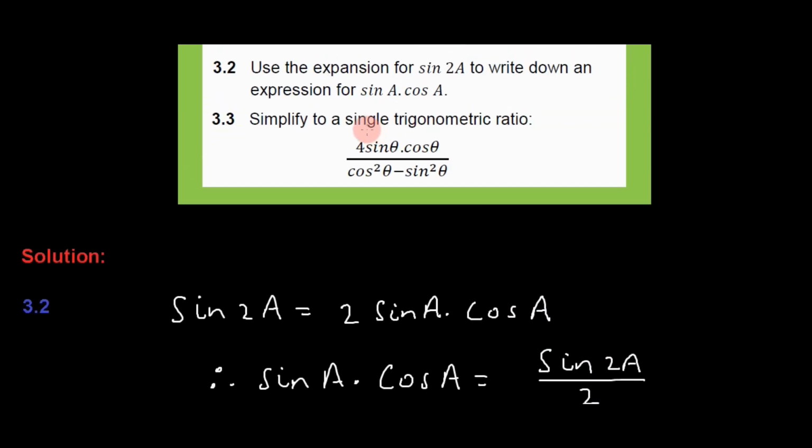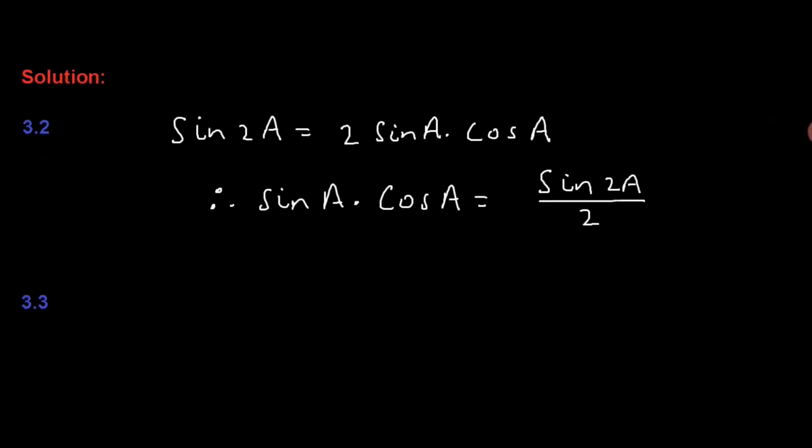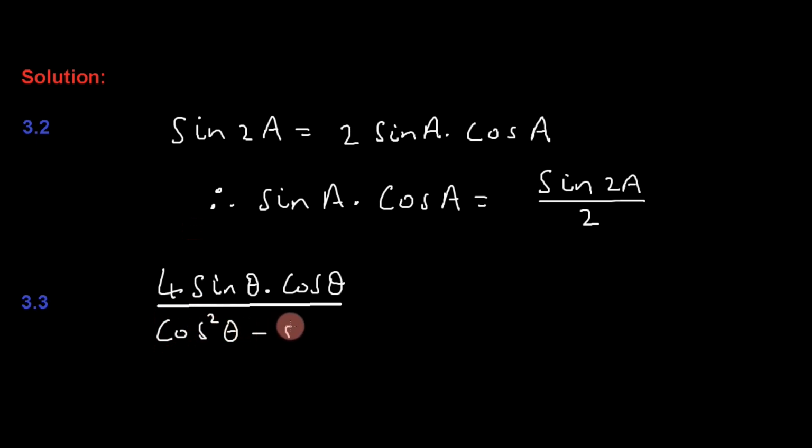Let's look at 3.3. We have to simplify this expression to a single trig ratio. So we have 4 times the sine of theta times the cos of theta, and this is all over cos squared theta less sine squared theta.